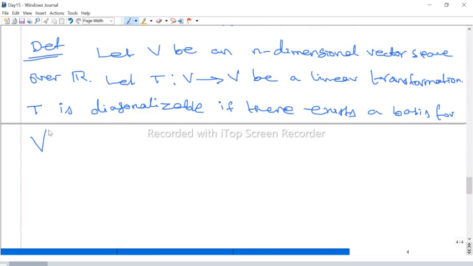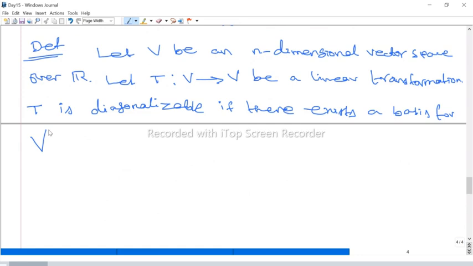With respect to the basis, we can represent this linear transformation as a matrix, right? Because already we know that every linear transformation from a finite dimensional vector space to a finite dimensional vector space we can represent as a matrix using the basis.